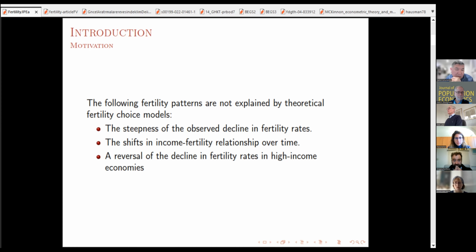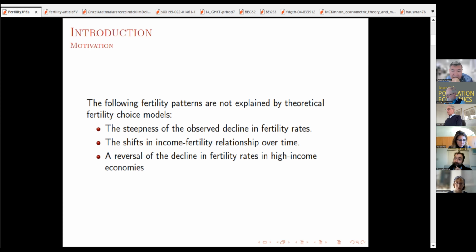The second point was that if you draw the relationship between income and fertility, you can see that over time these curves are shifting. And the third point we noticed was a reversal of this decline in fertility in high-income countries. A few works documented this phenomenon and raised concerns about why it is happening and what is driving this reversal.